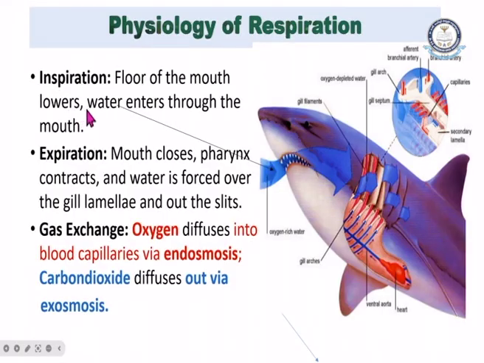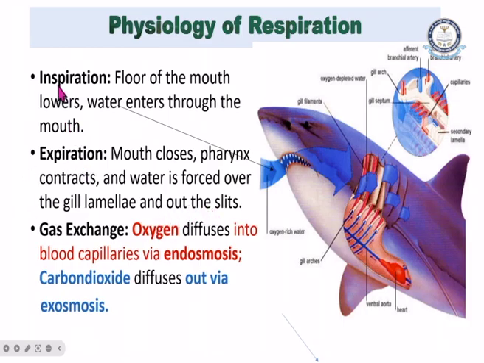Now regarding the physiology of respiration, as a part of inspiration the floor of the mouth is opened and water enters the fish. Then the mouth closes, the pharynx contracts, and the water is forced over the gill lamellae and out through the slits.